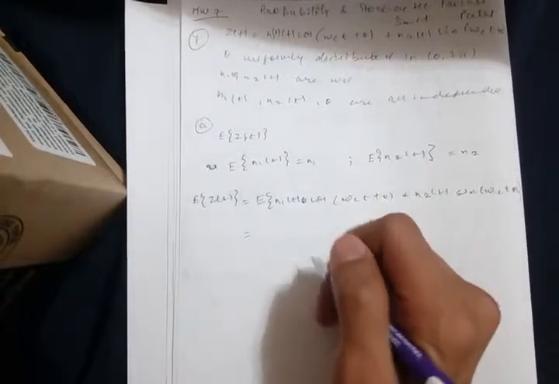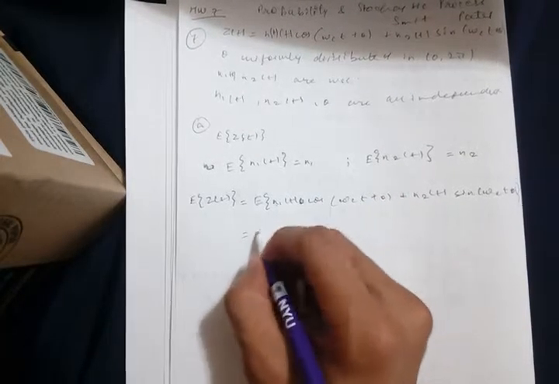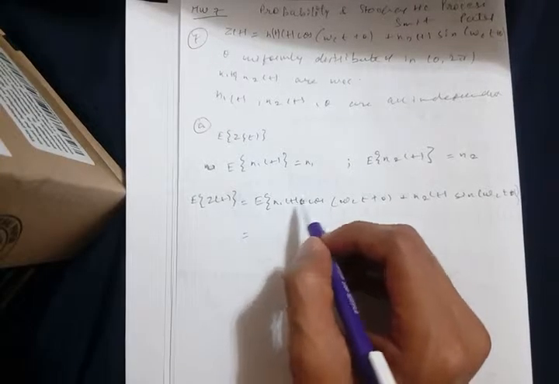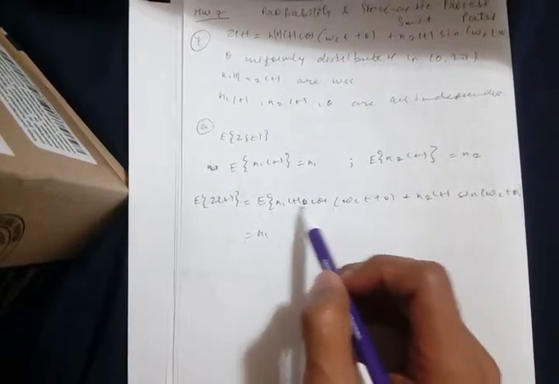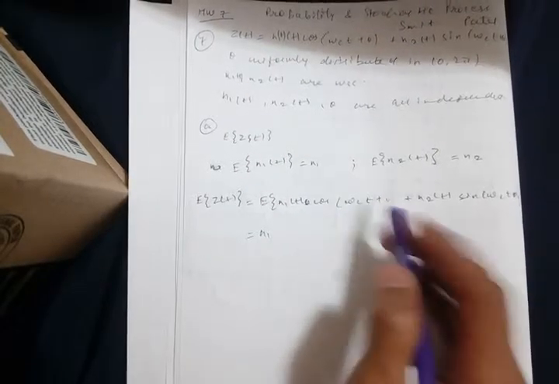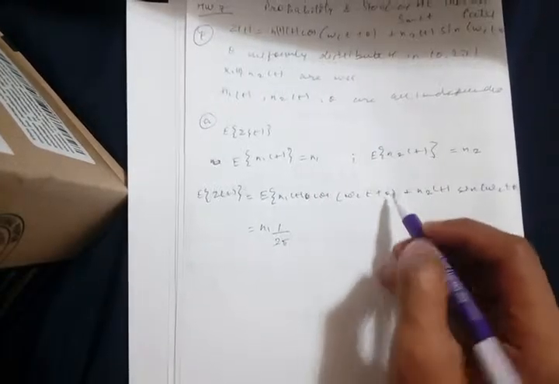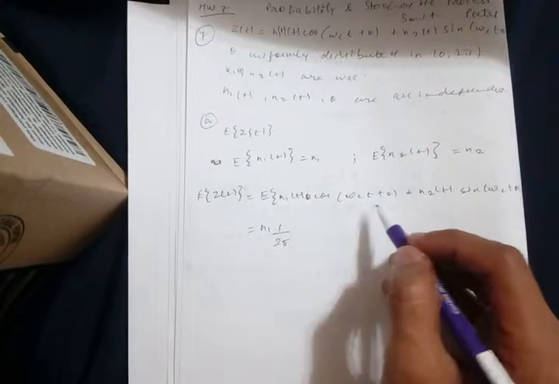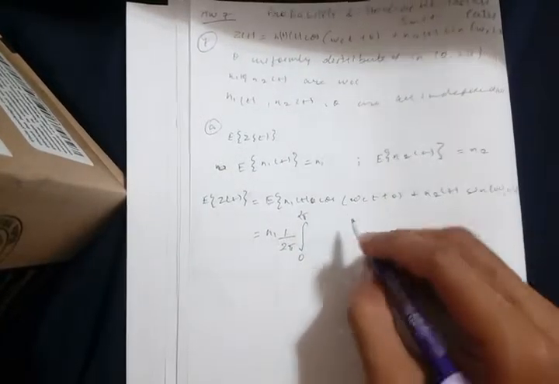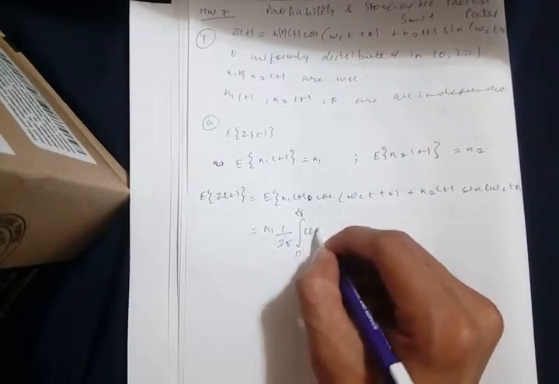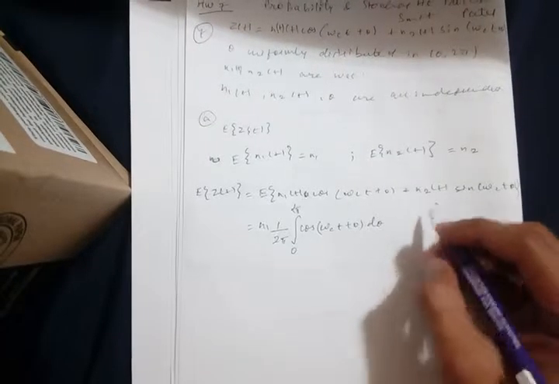plus n2 of t sin of omega c t plus theta. This is nothing but the expected value of n1 of t, which we just found, multiplied by the expected value of cos of this function. To find the expected value, we know that theta is uniform in the range 0 to 2 pi, so let's average it over its entire range from 0 to 2 pi and integrate it.